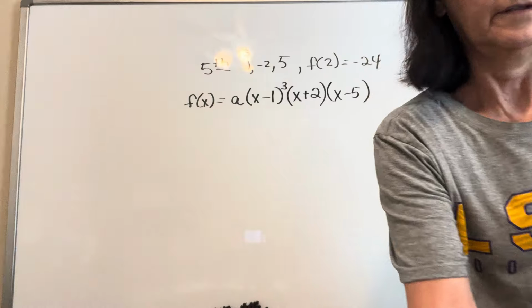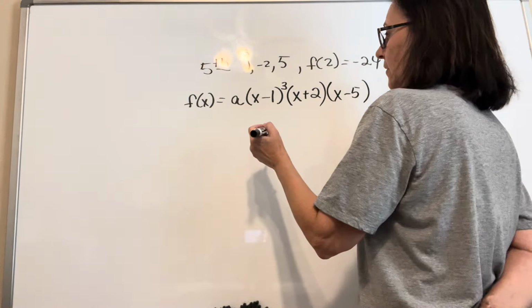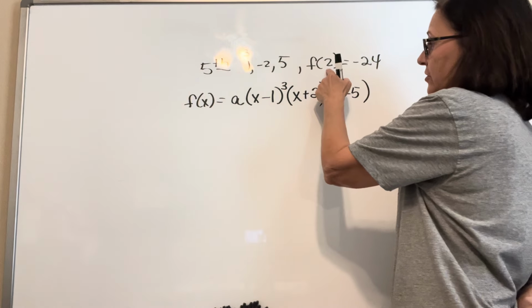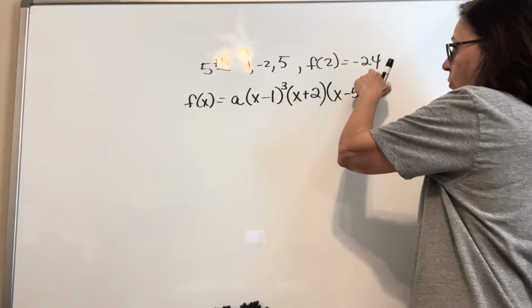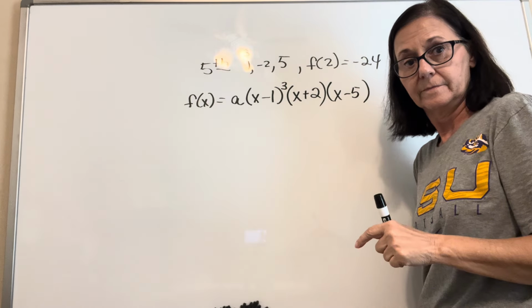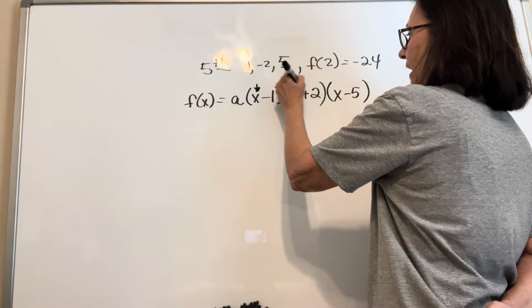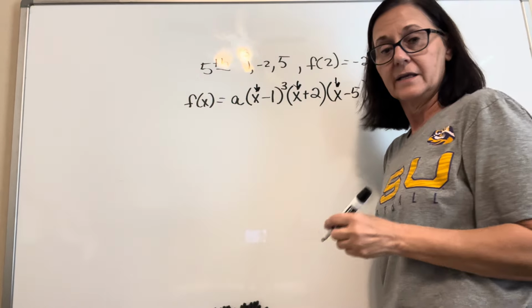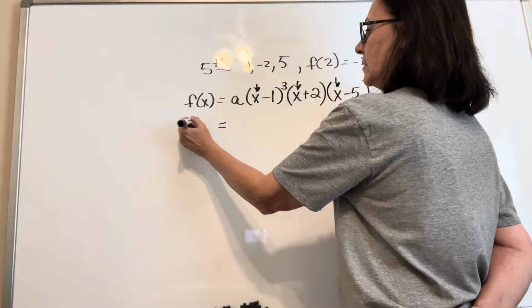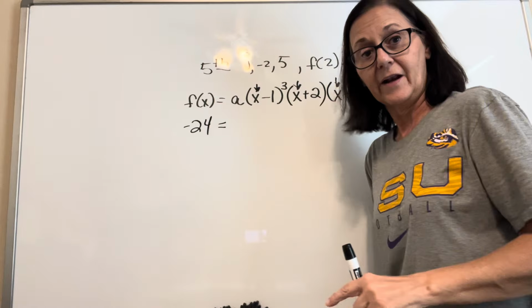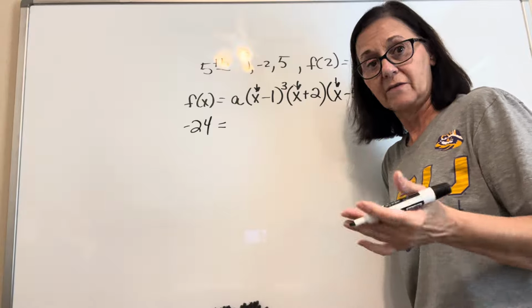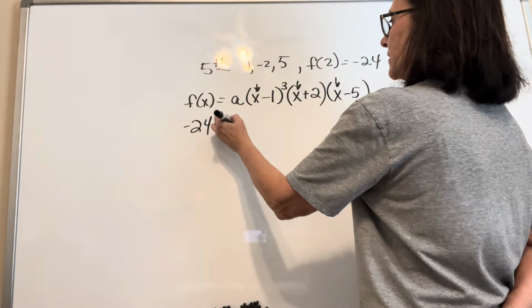So when I plug in 2, I want the result to be -24. I'm going to plug in 2 every place that I have x. I'm going to set it equal to -24, and then I'll only have one variable, a, so I'm solving for that lead coefficient.